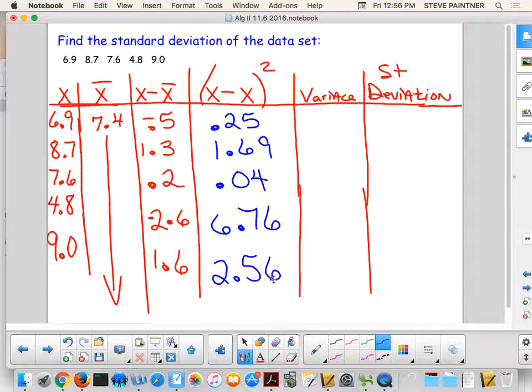All right. The variance is nothing more than the average of that column. So when you go from this to this column, it's really just the average coming over, right? And then you get variance, and variance is really just sigma squared.